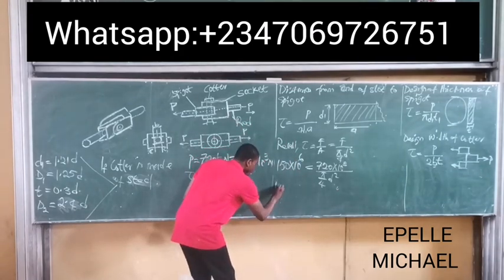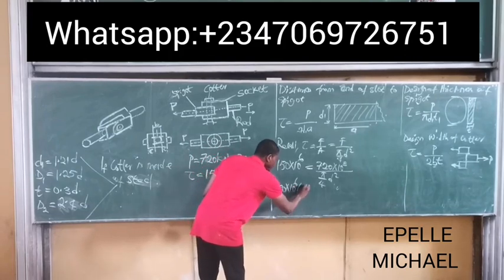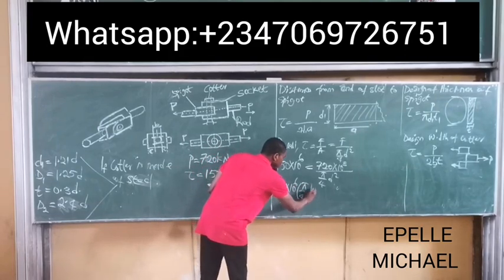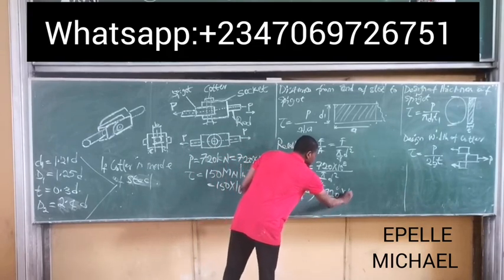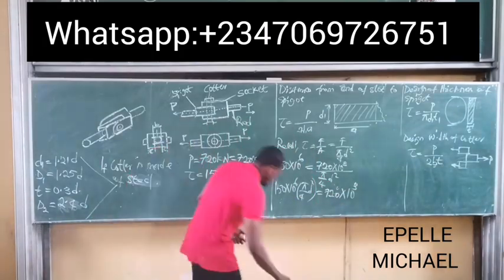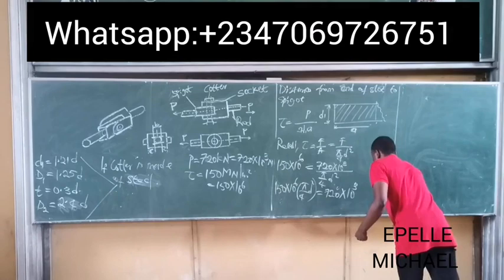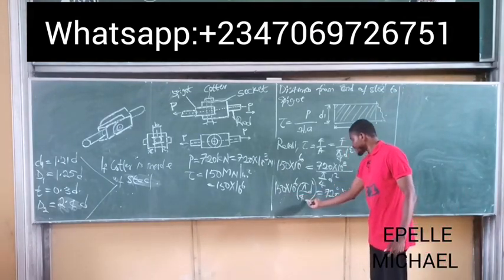The whole of this value multiplies 150 by 10 to the power of 6. So you have 150 by 10 to the power of 6 multiplied by pi over 4 d squared, and that's equal to 720 by 10 to the power of 3. From here, 150 can divide by 4.